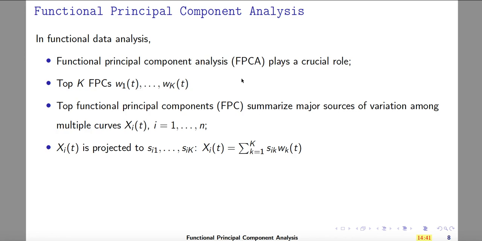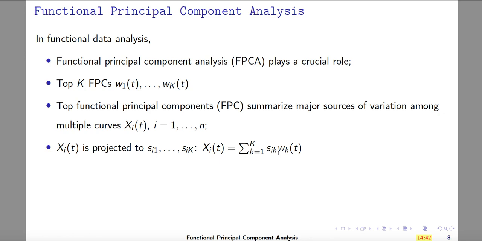For this x_i(t), after we get the top k FPCs, we project x_i(t) to the FPC scores, s_i1 to s_ik. So this curve x_i(t) can be written as a linear combination of the FPCs w_k(t), and s_ik is the coefficient to the k-th FPC.